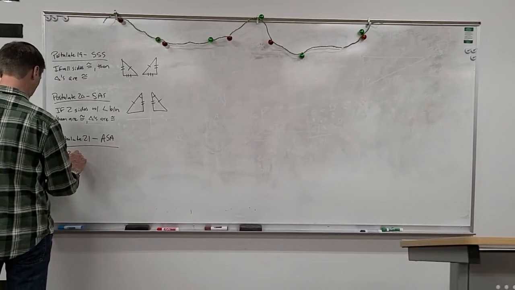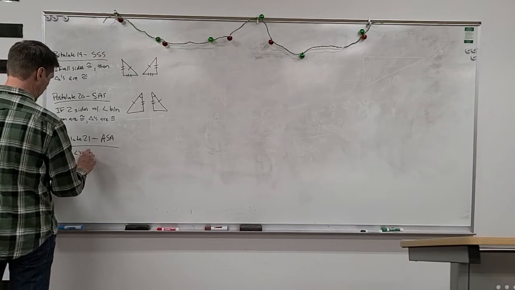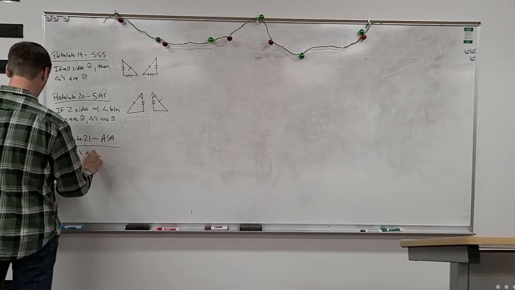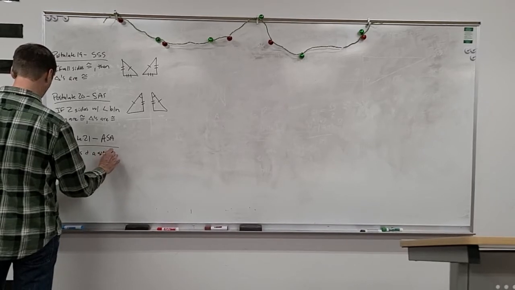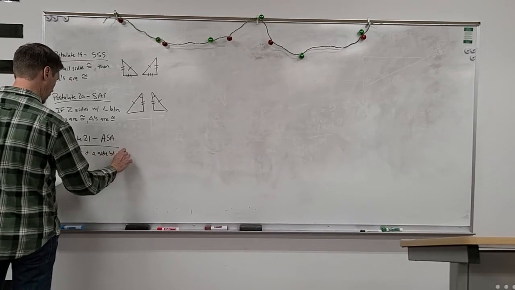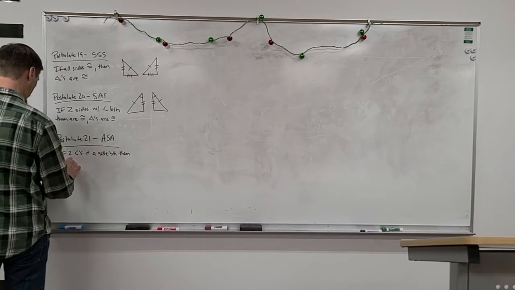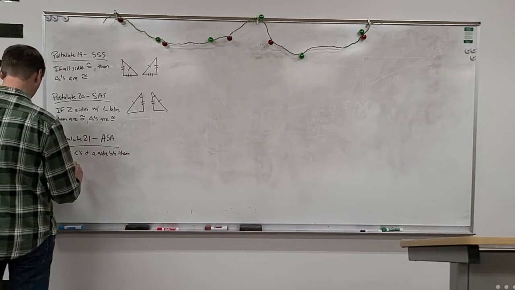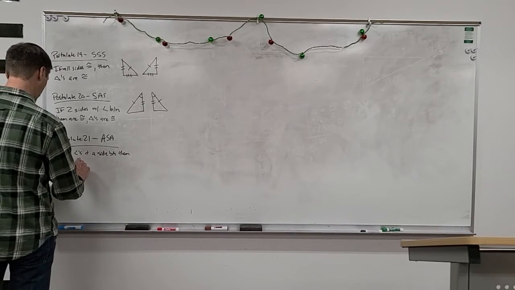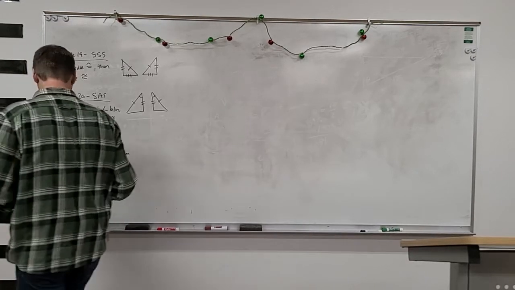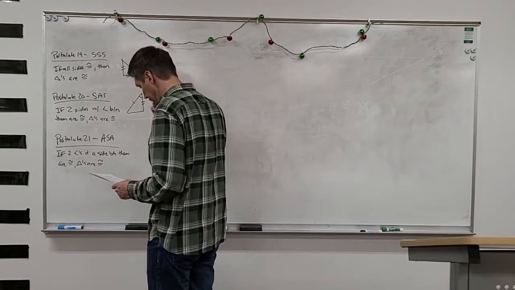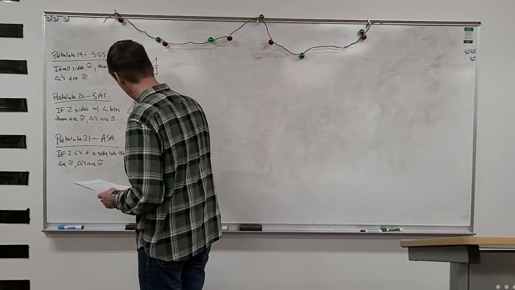Two angles and a side between them are congruent. Triangles are congruent. Right, so it's the same idea with all of these.